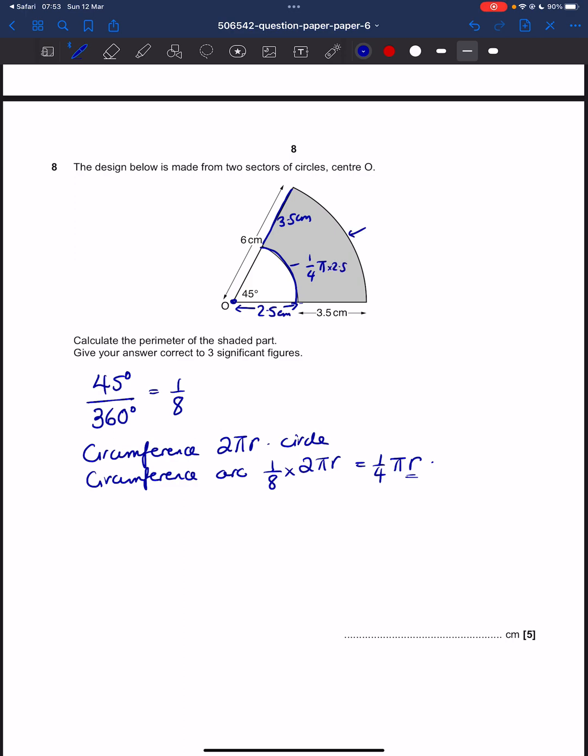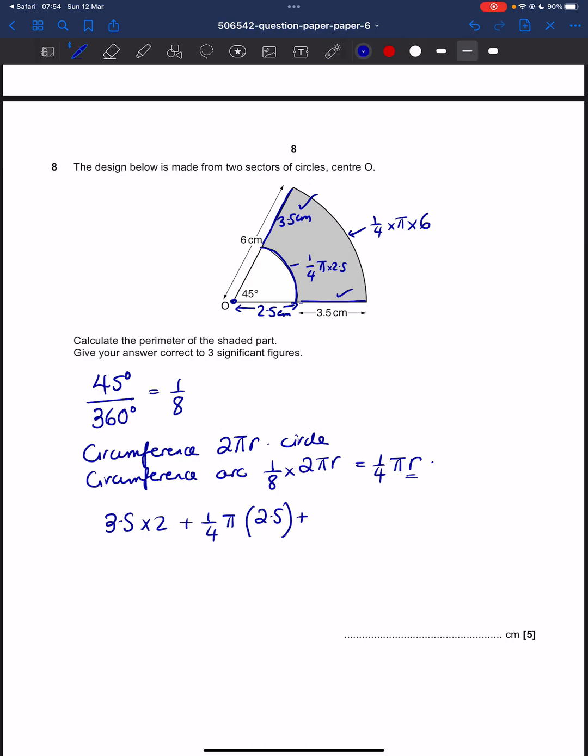And then this arc here is going to be 1/4 times pi times 6. So 3.5 times 2, which is that bit and that bit, plus 1/4 pi, 2.5 for that one and 6 for that one.